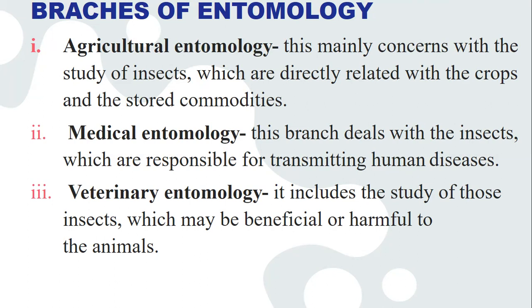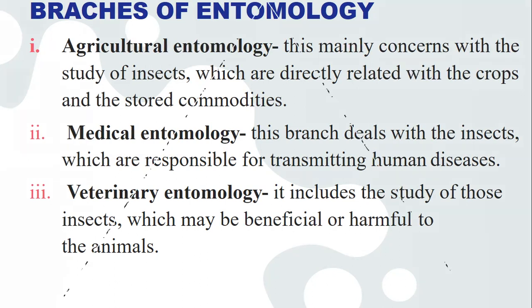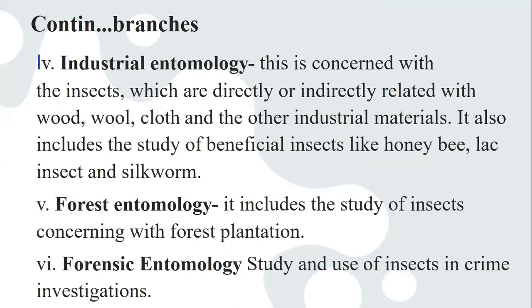Also, we have industrial entomology. This is concerned with the insects which are directly or indirectly related with wood, wool, cloth, and other industrial materials. It also includes the study of beneficial insects like the honeybee and silkworm.